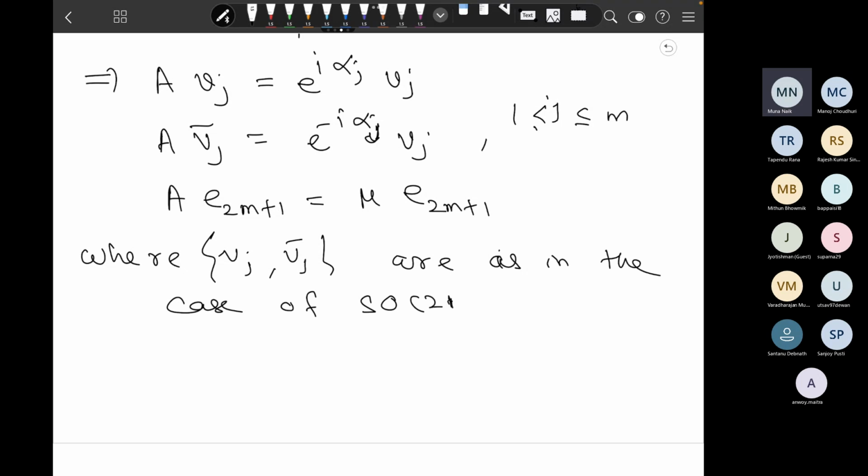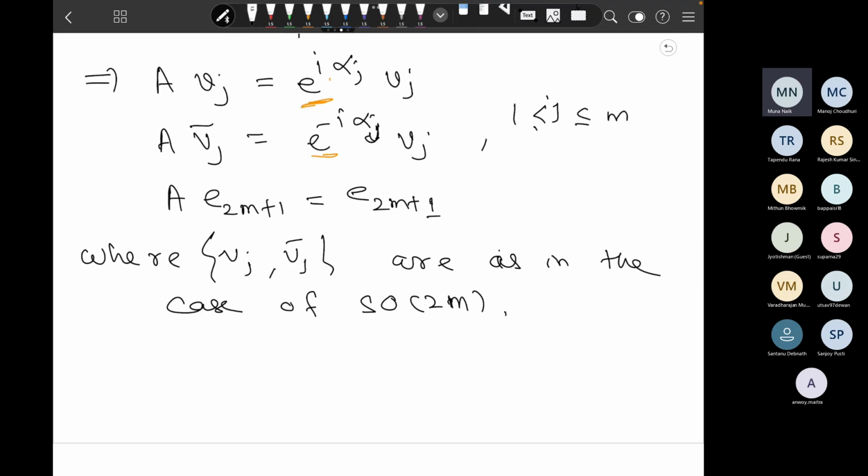Now observe that the eigenvalues e to the power i alpha j and e to the power minus i alpha j occur in pairs, and since the determinant is 1, mu has to be 1. So A e_{2m+1} is equal to e_{2m+1}.